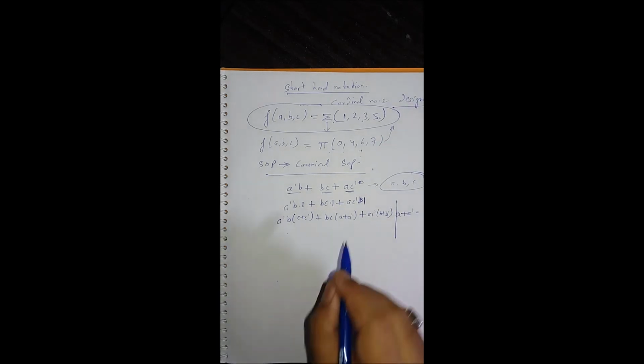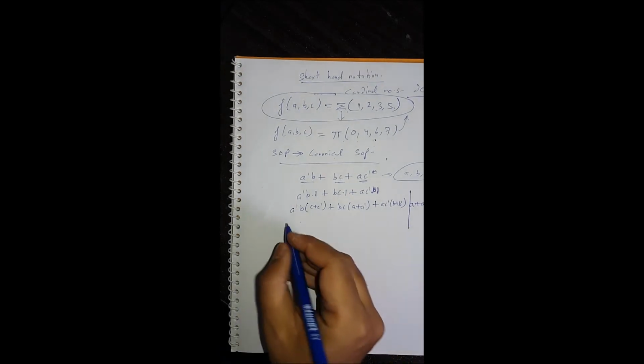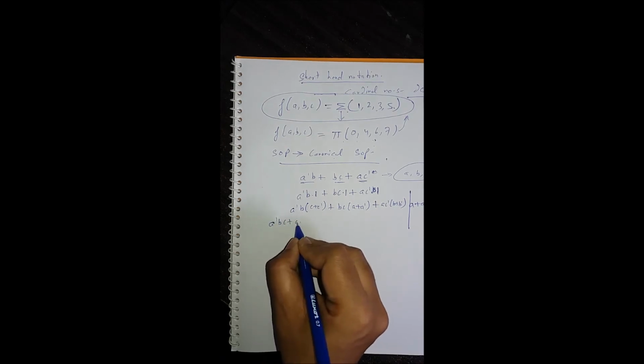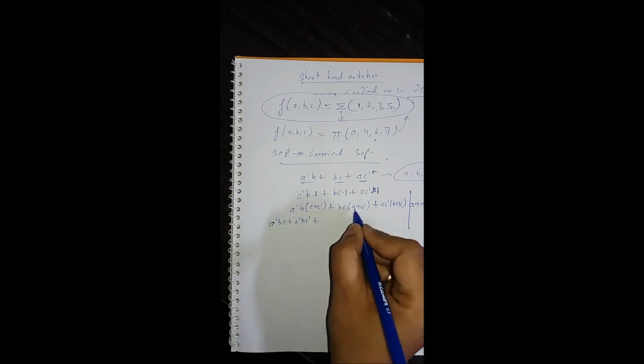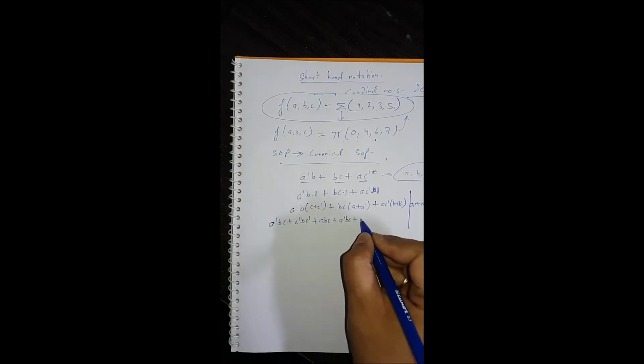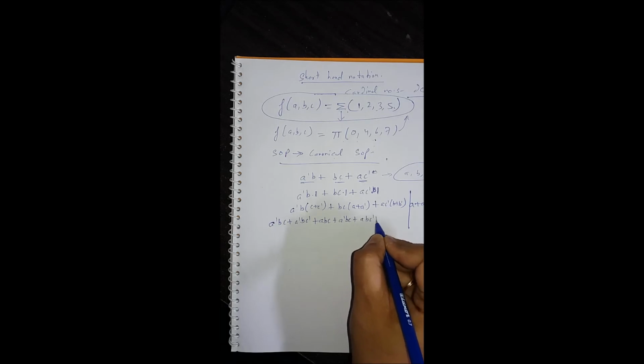So this is how our expression will look now. Now open the brackets. So this is A naught BC plus A naught B C naught plus ABC plus A naught BC plus ABC naught plus A B naught C naught.